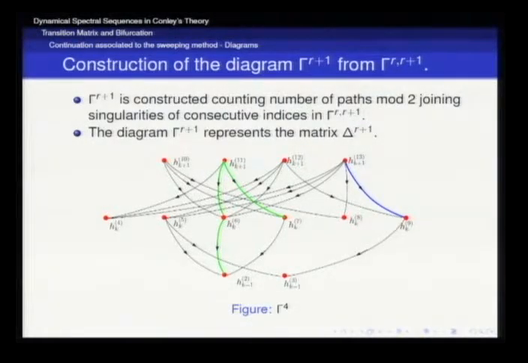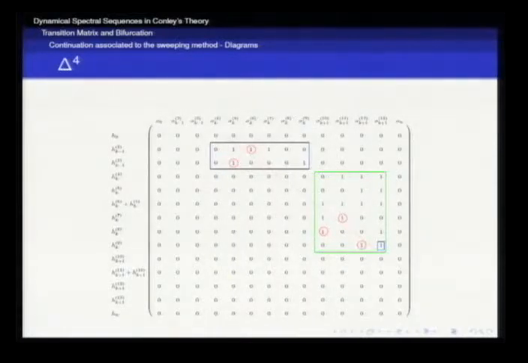And it goes on. New future bifurcation orbits will be this one. As you sweep the matrix, you produce these diagrams, and we know where the bifurcation will occur, and so forth.